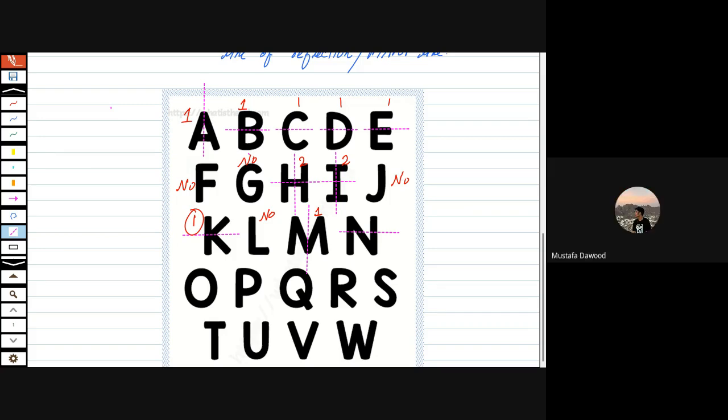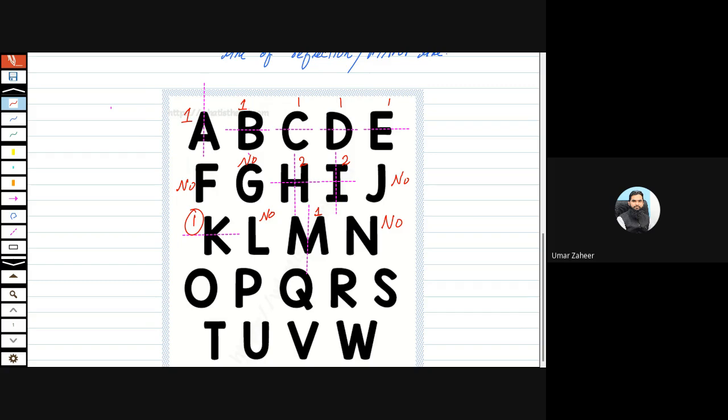Sir, there is no line of symmetry. We don't have any line of symmetry here because it is not going to make the image. So we have no line of symmetry in N.